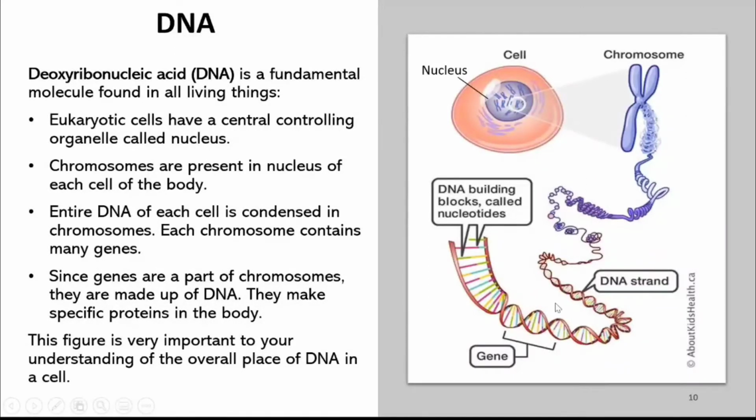Now, if you see a particular chromosome, there are many, many genes in there. But if you see here, the chromosome is condensed with the help of histone proteins. You see those little beads, they are histones, which are positively charged proteins. With the help of that, it is condensed.